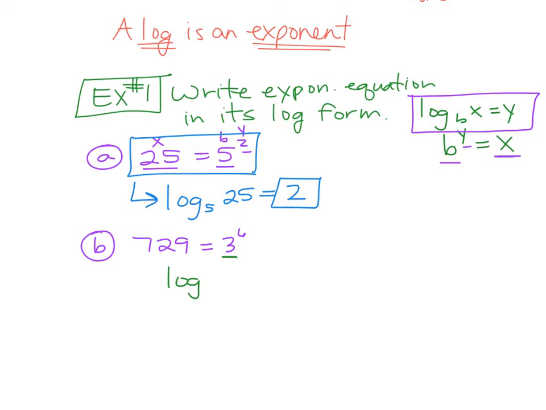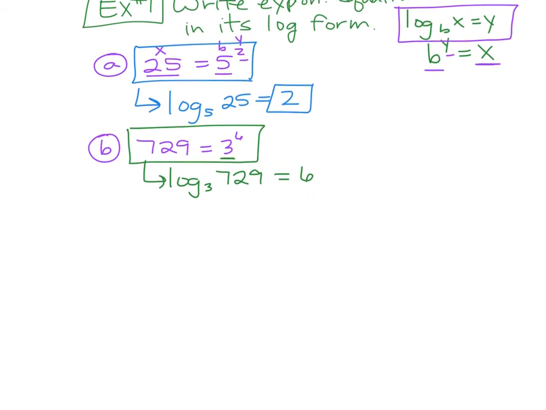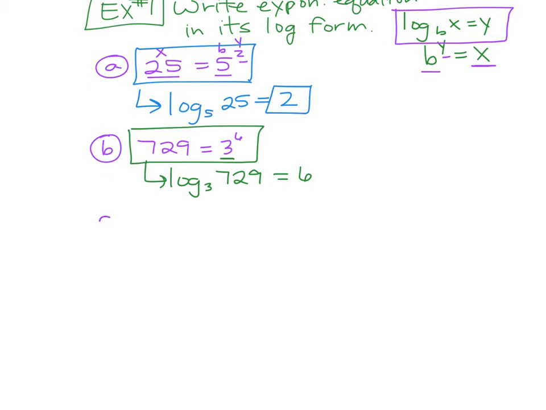So the 3 is my base. Think that little number is my base. It's low, okay? So log base 3 of what? 729. And then the exponent is always the standalone, equals 6. Okay, so I just took the exponential form and turned it into logarithmic form. Does that make sense? Okay, what if we do this?